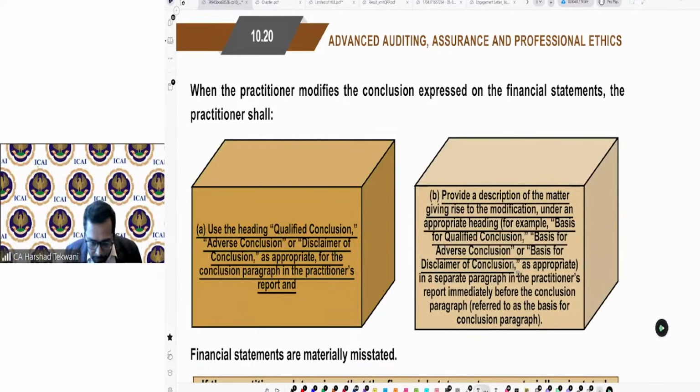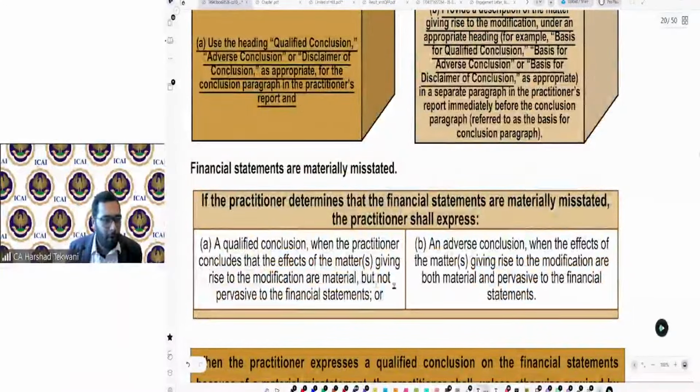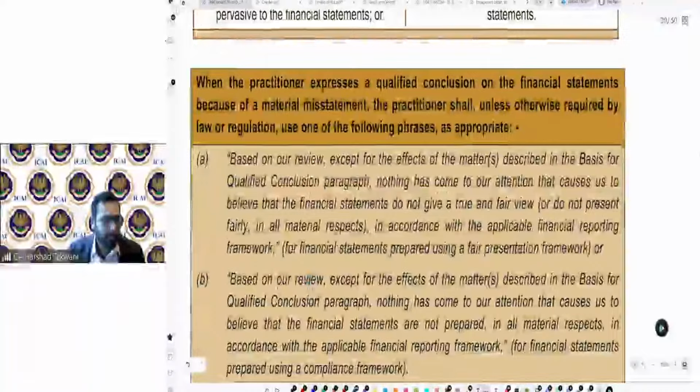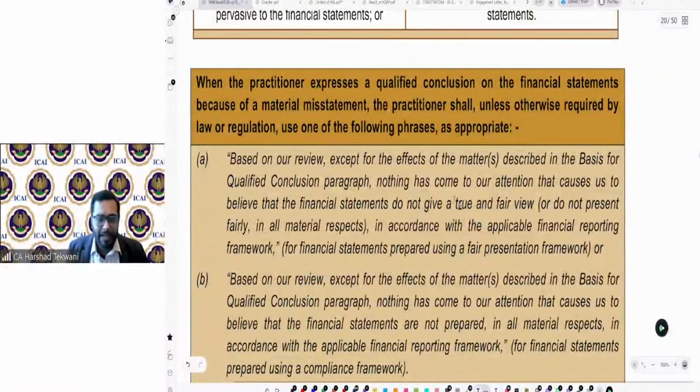But having said that, the internal wordings of the paragraph will be the same. You might not find a heading, but the internal wordings will be the same. And see what the wordings are. These are the paragraph wordings, and this is for the qualified conclusion on the financial statement.